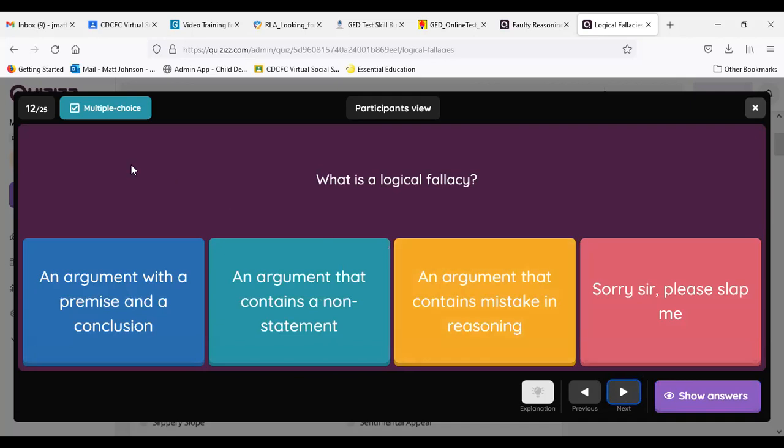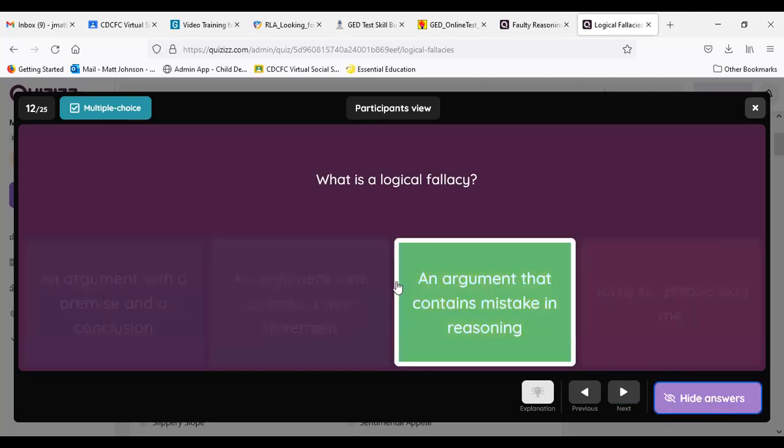What is a logical fallacy? An argument that contains a mistake in reasoning.